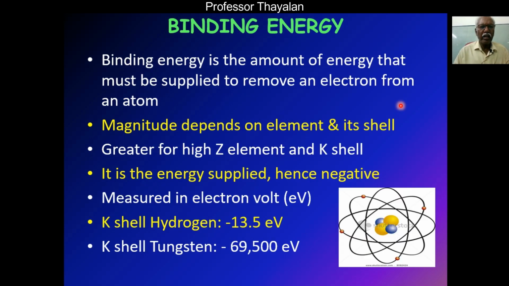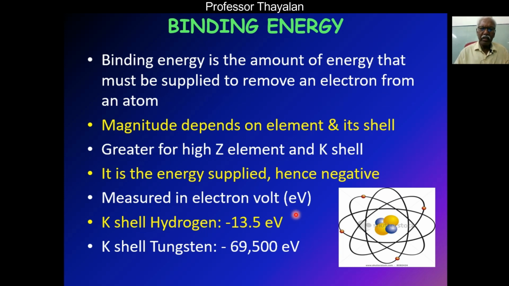Every electron in an atom has binding energy. Binding energy is the amount of energy that must be supplied to remove an electron from an atom. Its magnitude depends on the nature of the element and its shell. It is greater for high Z elements and greater for K shell electrons. Since it is the energy supplied, the binding energy is always negative.